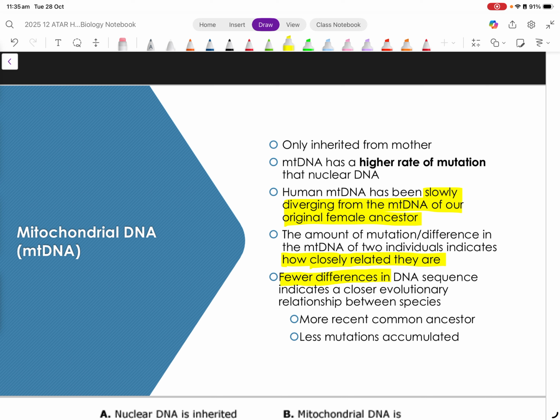Fewer differences in this case, the DNA sequence, but what we're really talking about here, to be clear, in brackets, mtDNA, indicates a closer evolutionary relationship between the species, a more recent common ancestor, and less mutations accumulated.